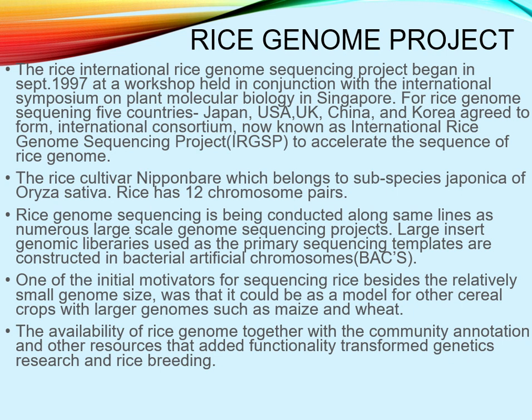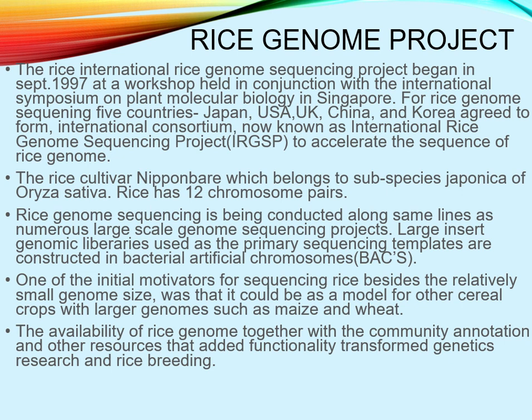Rice genome sequencing is being conducted along the same lines as numerous other large-scale genome sequencing projects. Large insert genomic libraries used as the primary sequencing templates are constructed in bacterial artificial chromosomes. One of the initial motivators for sequencing rice, besides the relatively small genome size, was that it could be used as a model for other cereal crops with larger genomes such as maize and wheat.